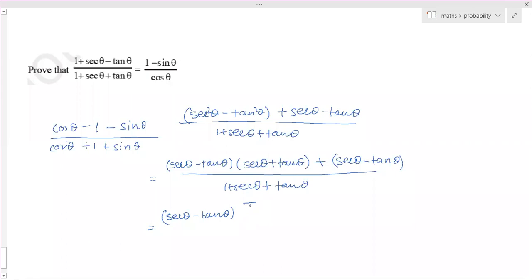You'll not get a solution anywhere. Yes, Neha. Ma'am, I got this term. Ma'am, you can take sec theta minus tan theta common, and then sec theta plus tan theta plus 1.